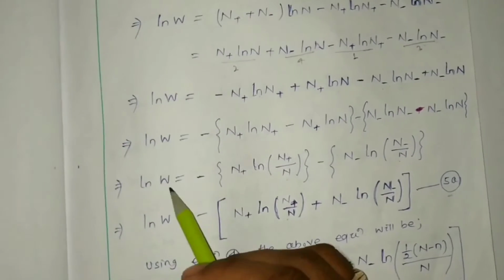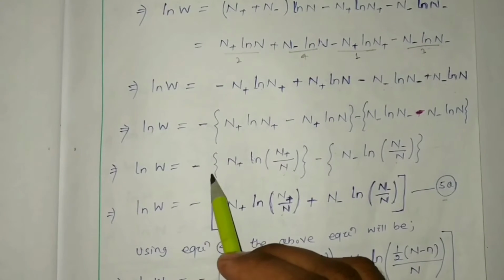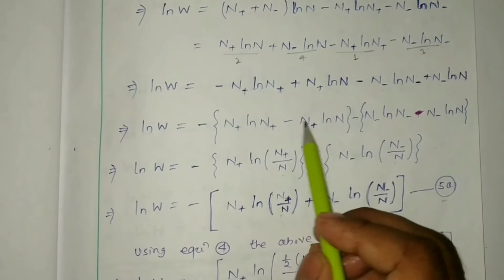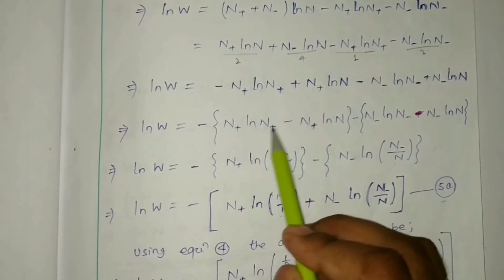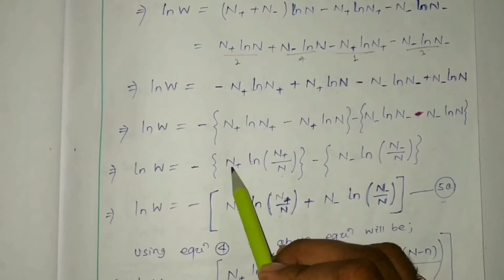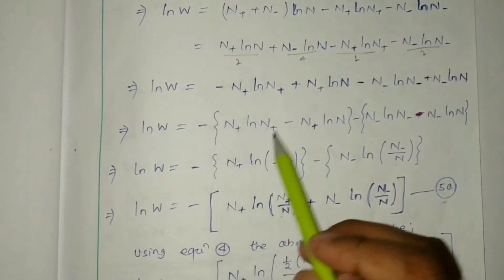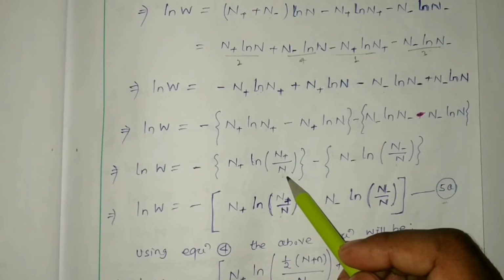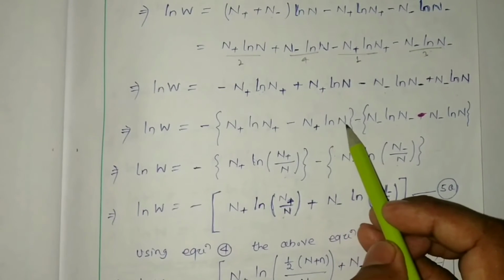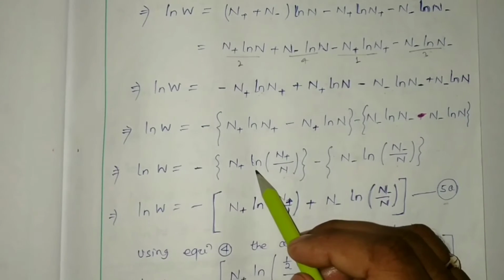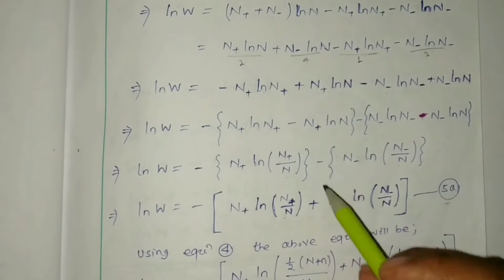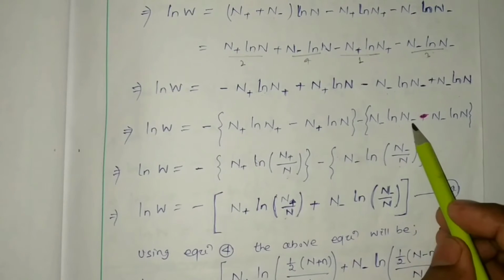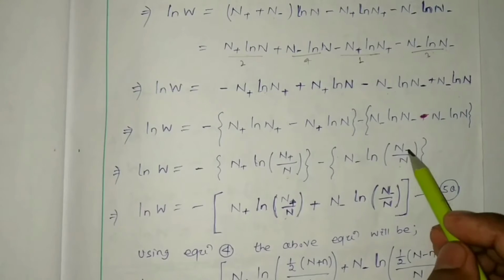So ln W will be equal to minus, and among both the terms n plus is common, so take it outside: n plus ln n plus by n. Here n plus ln n can be written as ln n plus by n, simple. Minus, here also the same: n minus ln n minus by n.